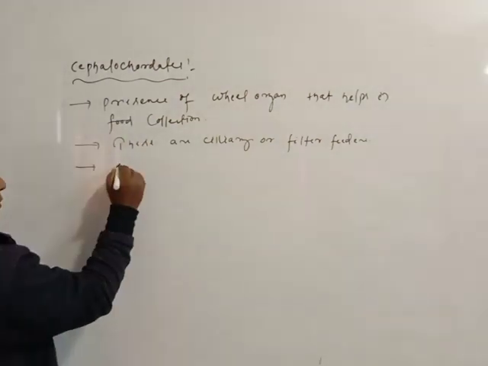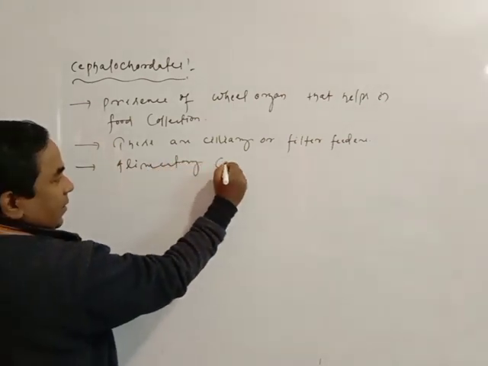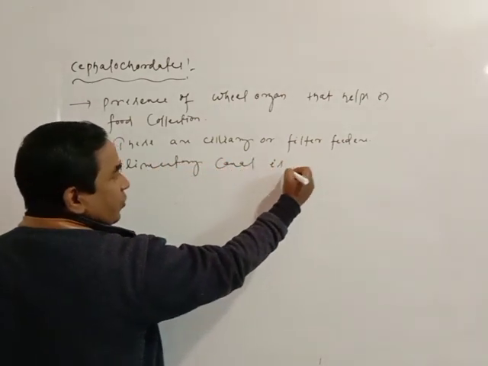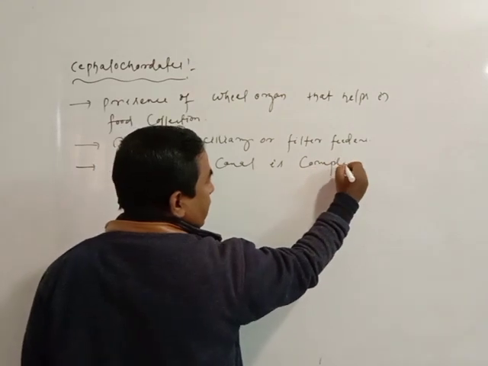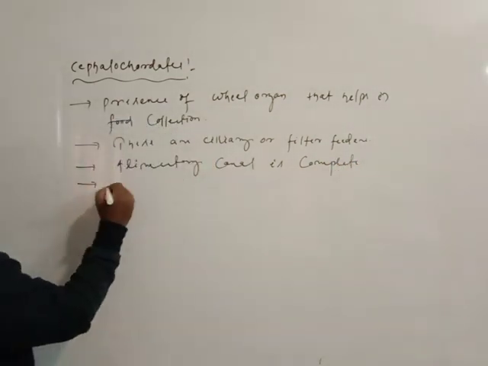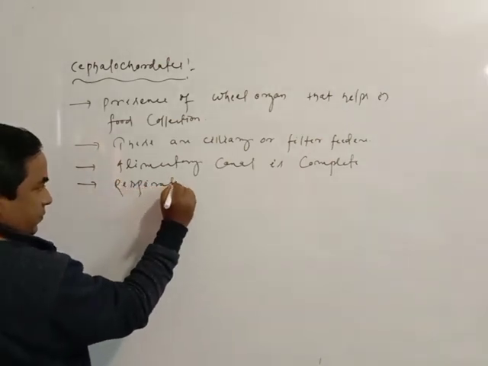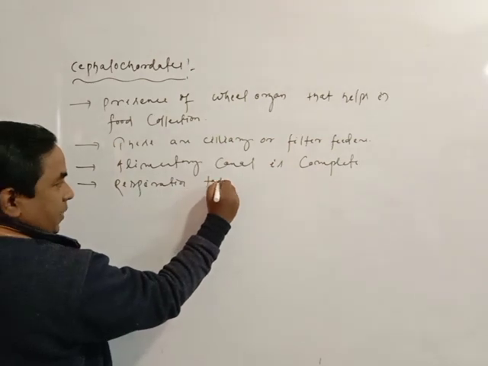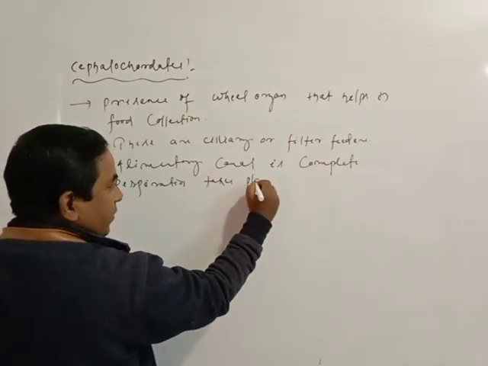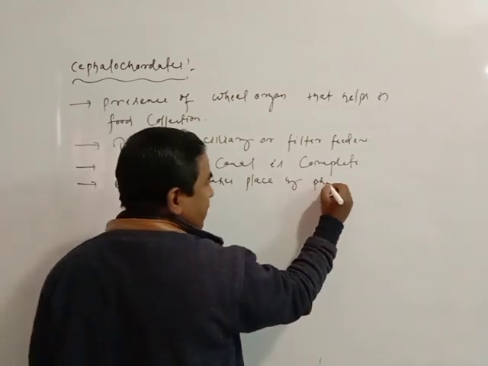Next, the alimentary canal is complete. Next, respiration takes place by pharyngeal gill slits.